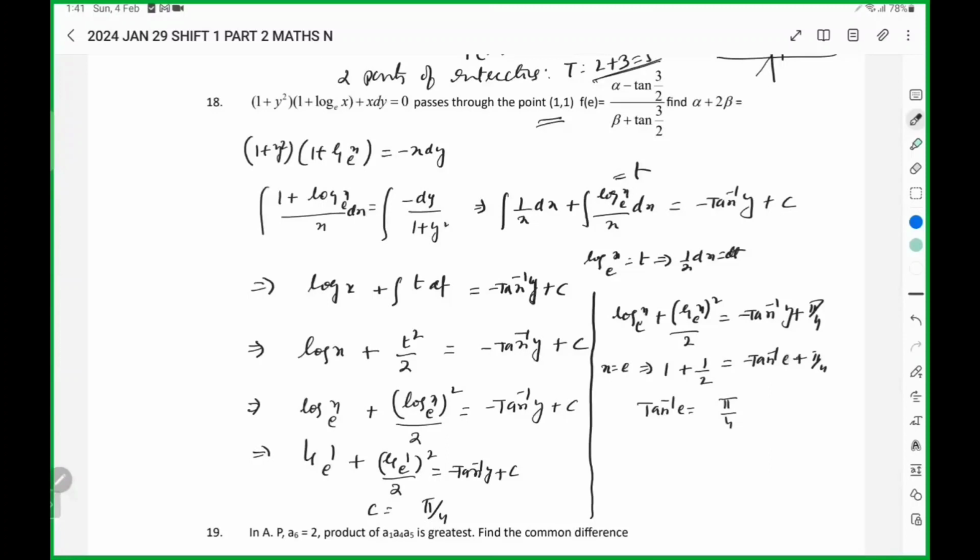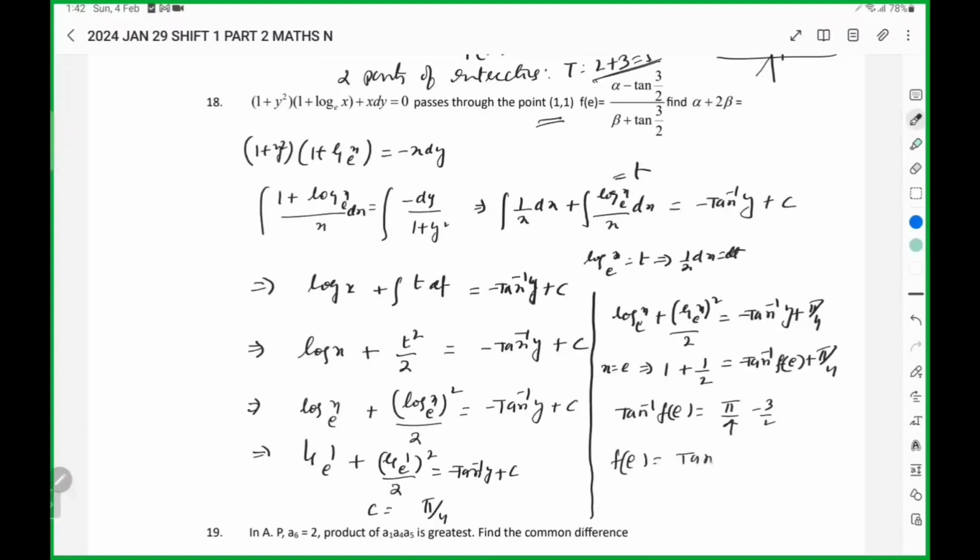Sorry, here tan inverse y, right? Y means f of x, let me write y only. Later I will replace it. Okay. Minus tan inverse y is nothing but f of x, f of e plus pi by 4. So tan inverse f of e will be pi by 4 minus 3 by 2.